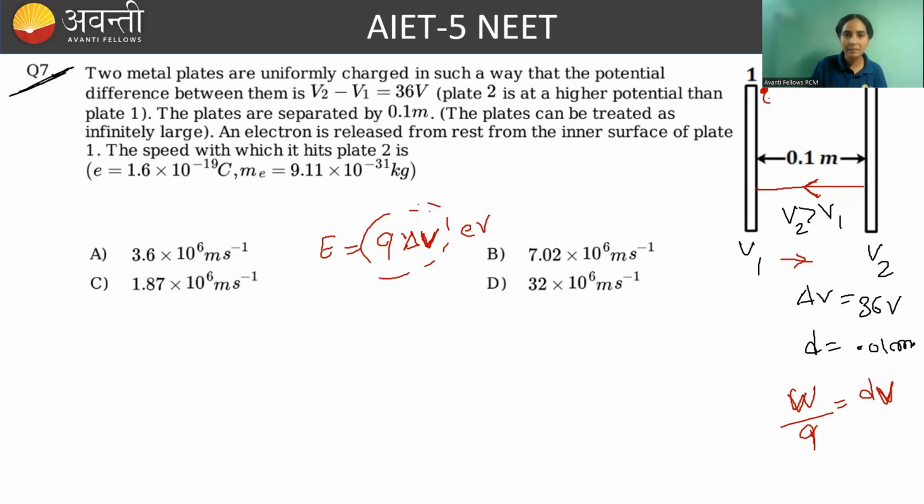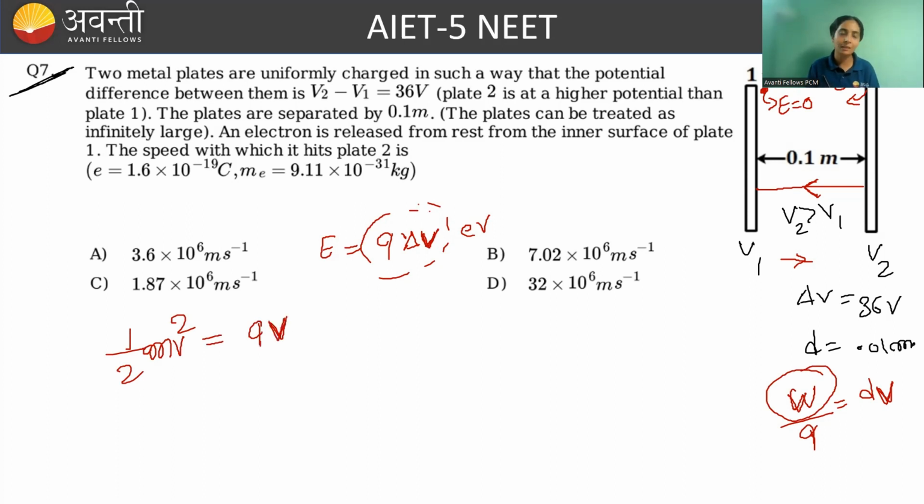So here its energy is what? Here its energy is 0, and here its energy will be something because this electric field is doing work on it. So whatever work is getting done on the charge, that will be responsible for the increase in kinetic energy of the charge. So here you write half mv square, that is gain in kinetic energy of the charged particle, will be equal to qV.